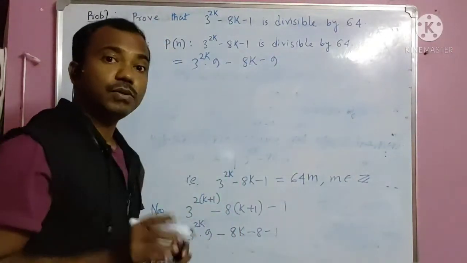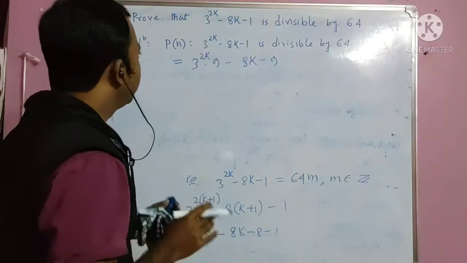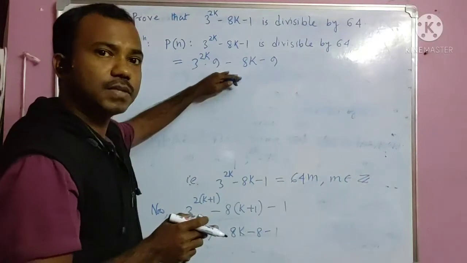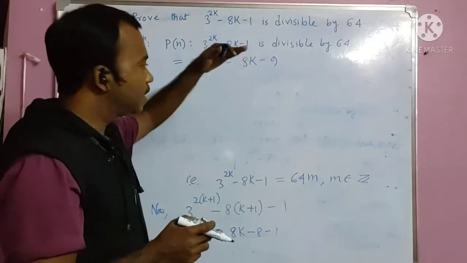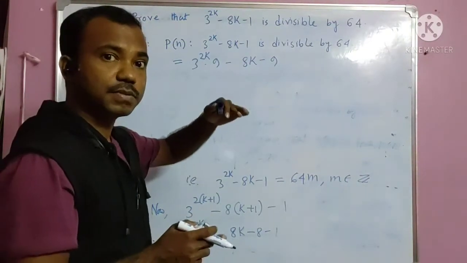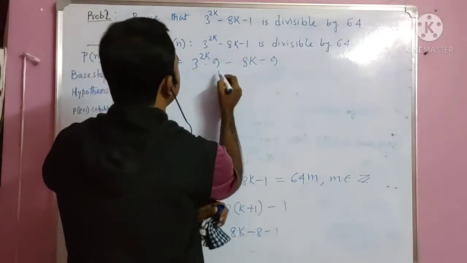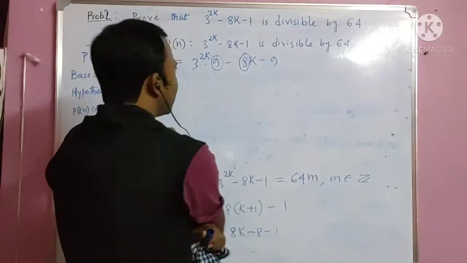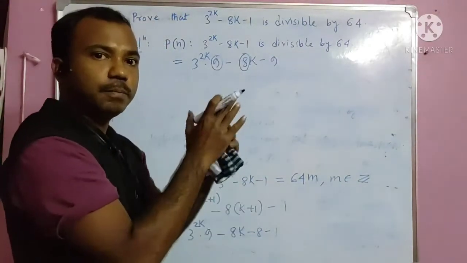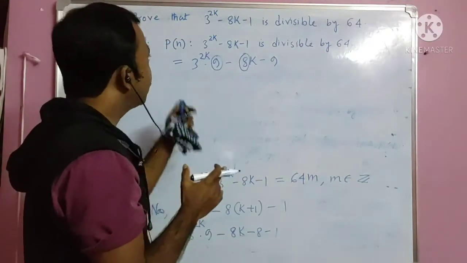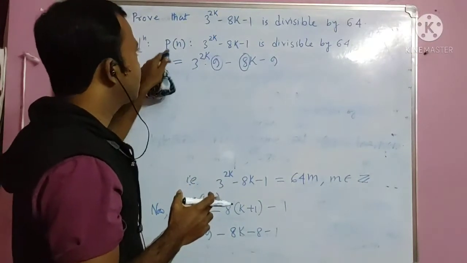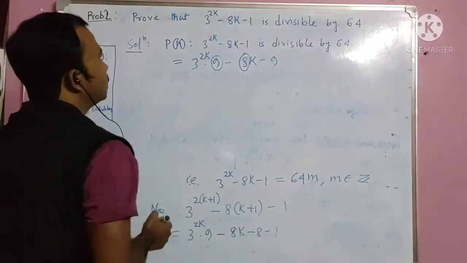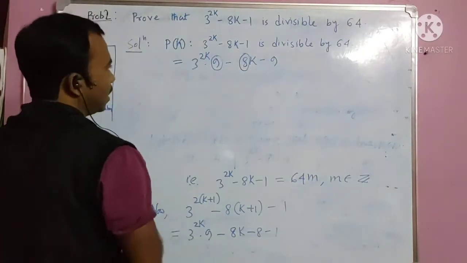What do you have to do now? You have this, which is the k plus 1 step, and you have to use the k step. You have these terms, and in such a way you have to break it down so that you can apply Pk. This is our Pk. How are we going to do it?